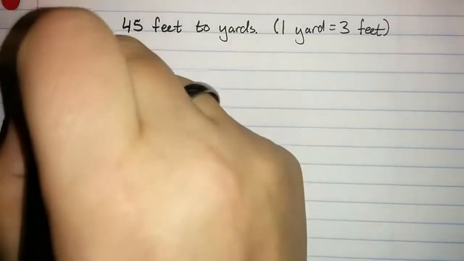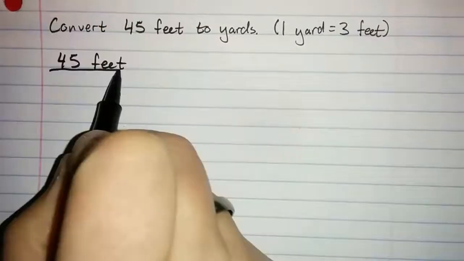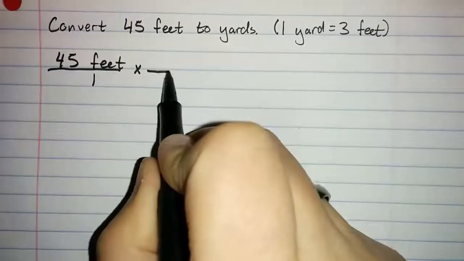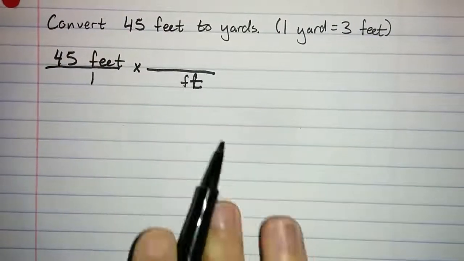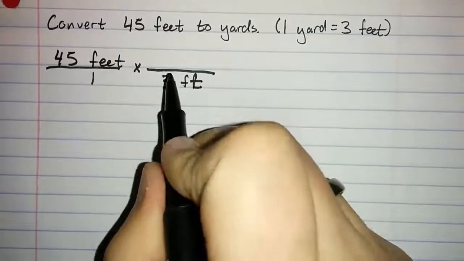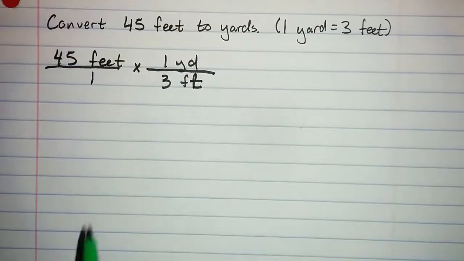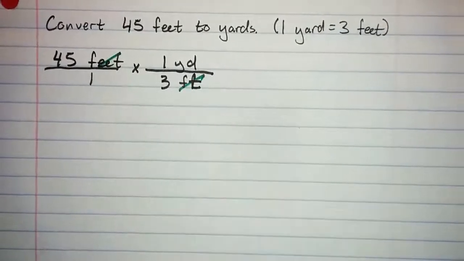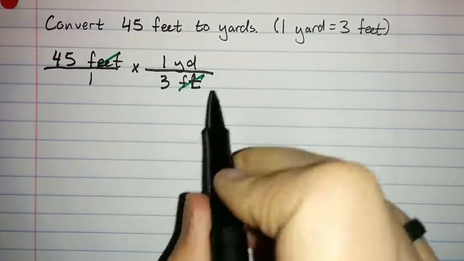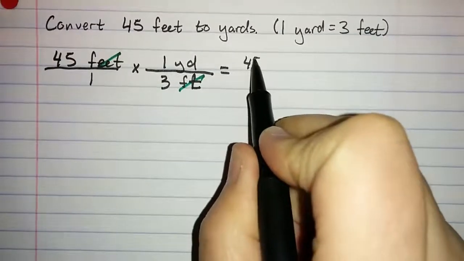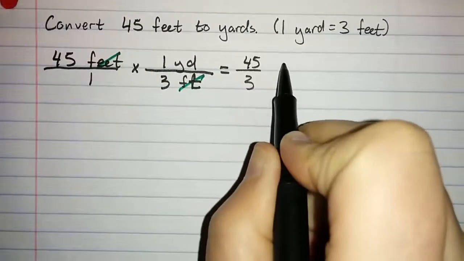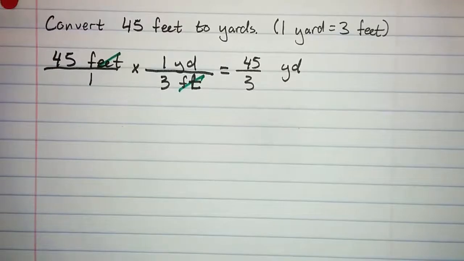Alright, I'll start with my 45 feet over 1, and I want to get rid of feet, so I'll have my 3 feet equals 1 yard, and I see that when I do that multiplication, feet will indeed cancel, and I'll be left with 45 over 3 yards.